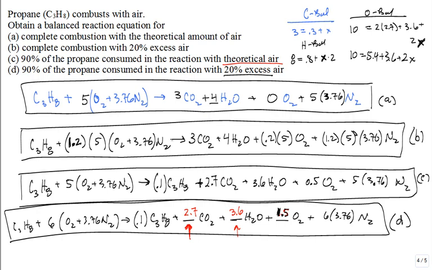For reaction A, I have 3 of carbon dioxide, 4 of water vapor, nothing of oxygen, and 3.76 times 5, which is 18.8, of nitrogen. I add 7 to that, and I have 4 divided by 25.8. So it's a whopping 15.5% mole fraction. That's high.